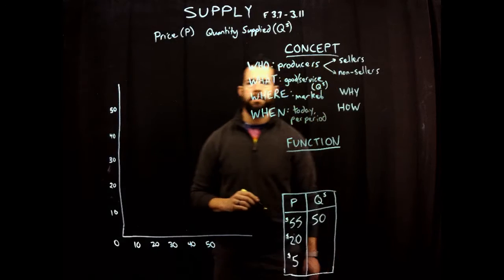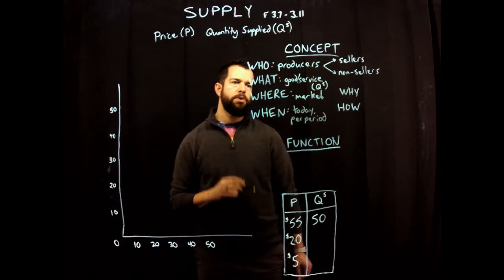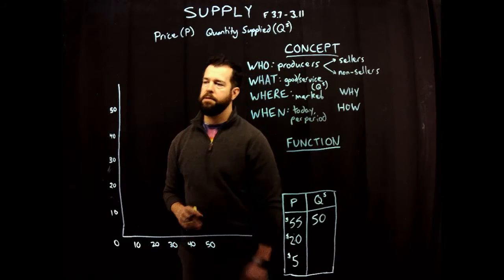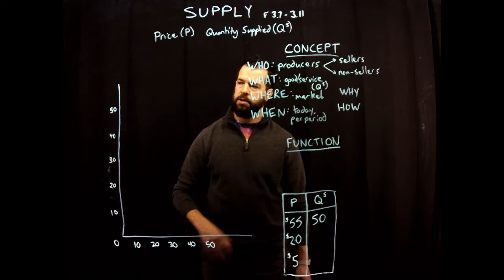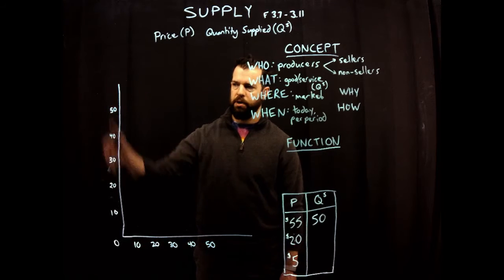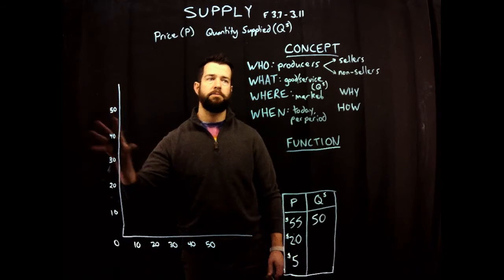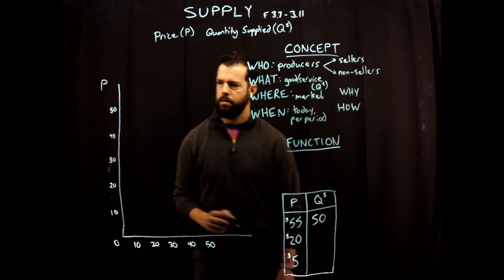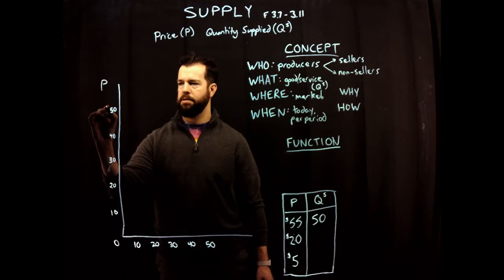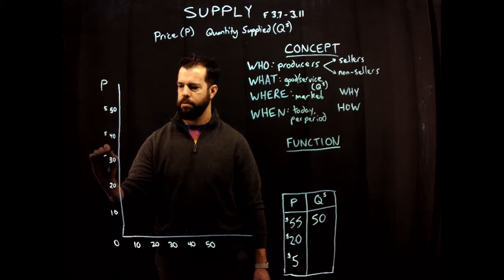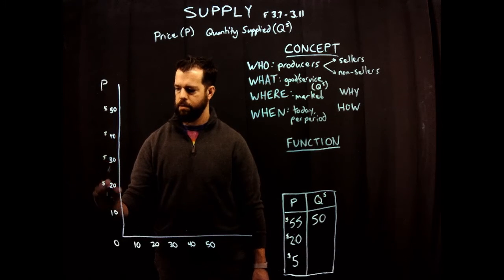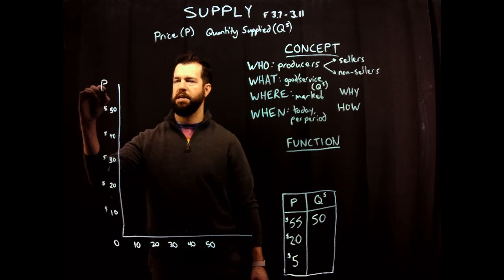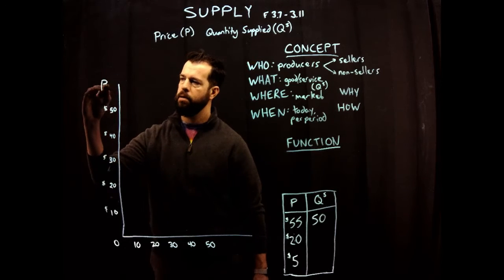So where's the quantity going to go? The quantity is going to go on the x-axis, or the horizontal axis, and on the y-axis, or vertical axis, we're going to have everything in dollar terms. So we're going to put our price, P, on the vertical axis. We're still talking about oil in this example, as shown in chapter 3 from your textbook.